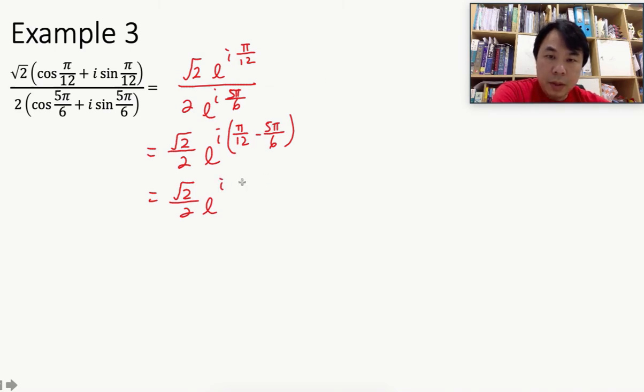So 10, 9. Okay, so it's negative 3 pi over 4 then. Just let me check briefly. Negative 9. Yeah, okay, so there you have it. You can leave it in this format, Euler form, or you could leave it in the modulus argument form, which is the same as this.